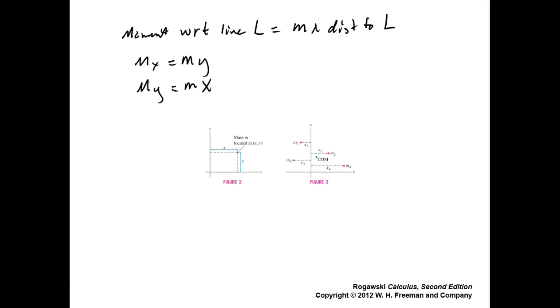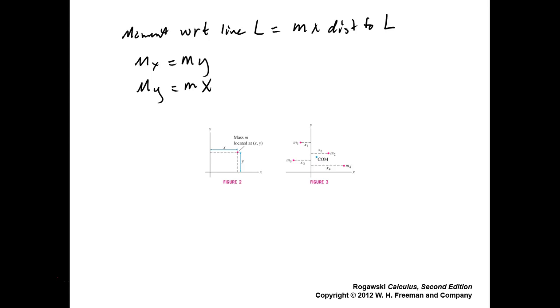So what if you had several points? That's what the second figure here is, actually figure 4 in our book. They didn't have the football player and the ballerina. What if you're trying to find the center of mass of these 4 points?